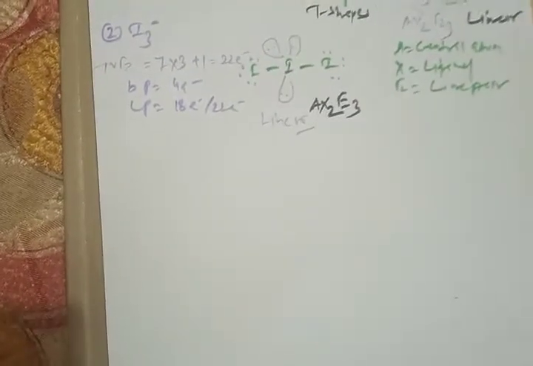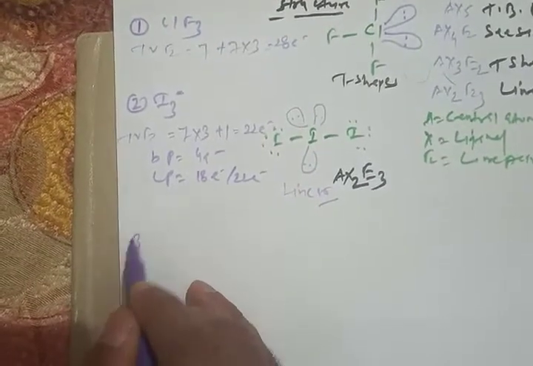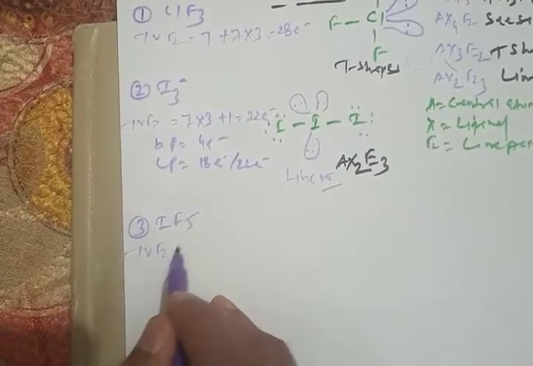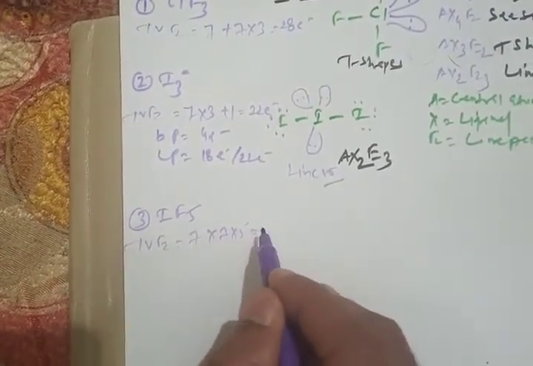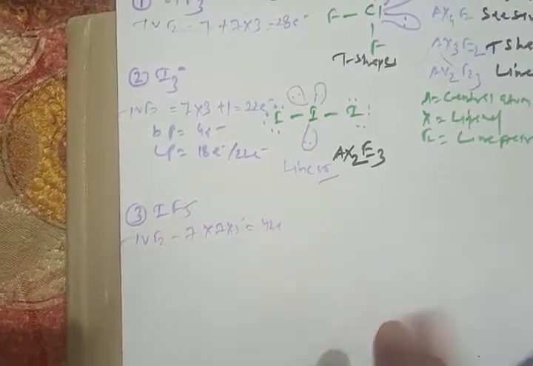IF5. Okay, so IF5, I'm taking total valence electrons in this case 7, then 7 into 5, that equals 42 electrons.